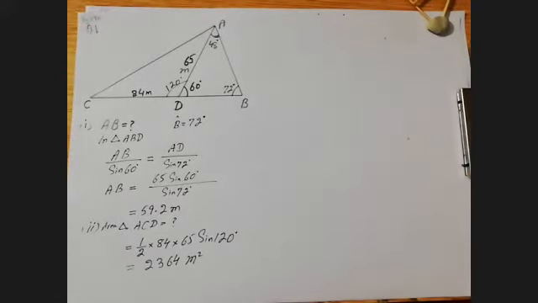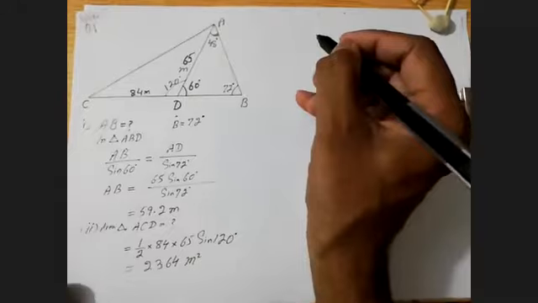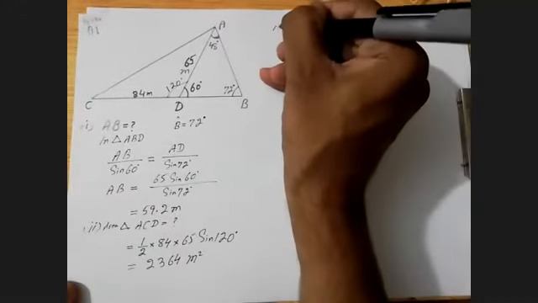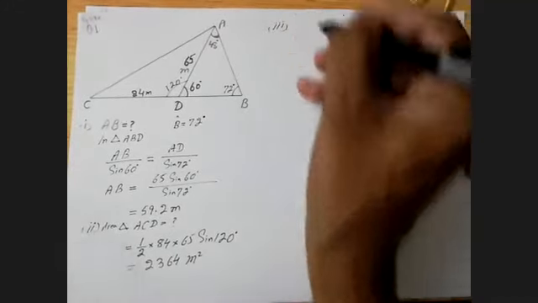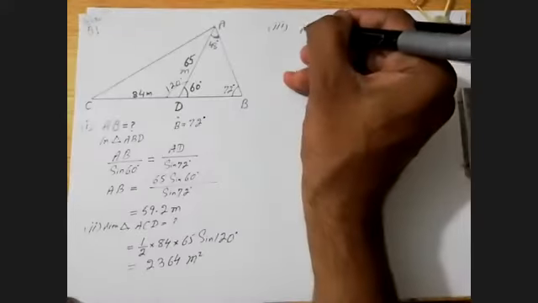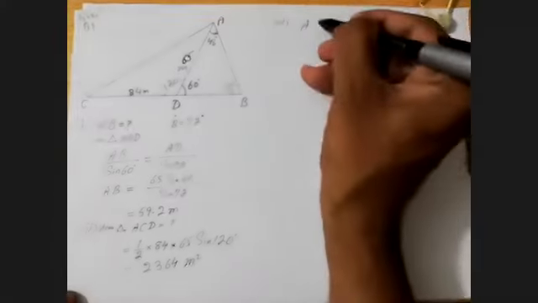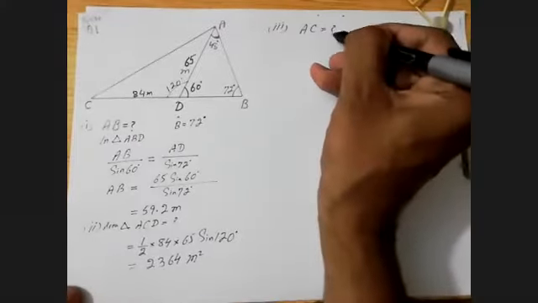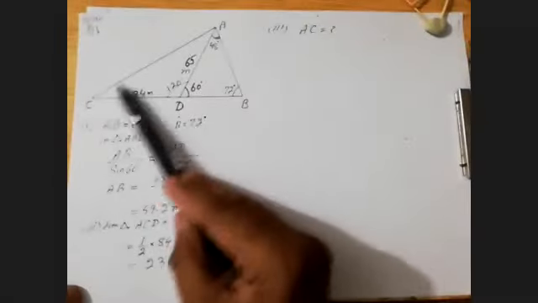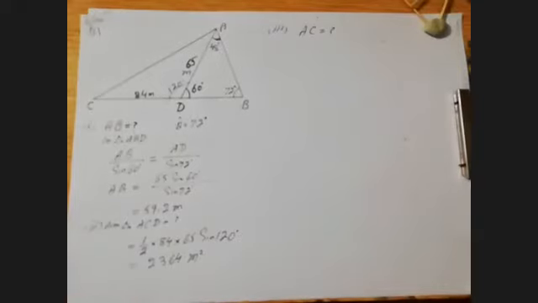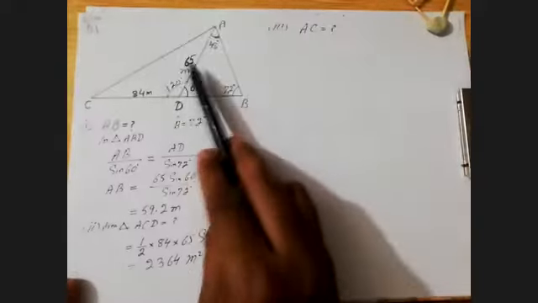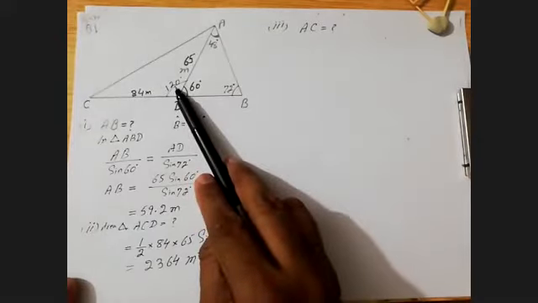Next, in the third part, we have to calculate AC. The side AC is required to be calculated. To find out this side, you can apply the cosine rule because two sides and the included angle are given.